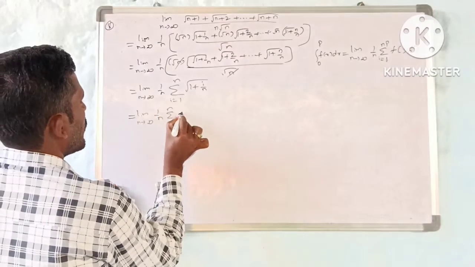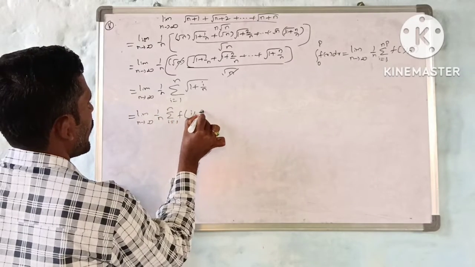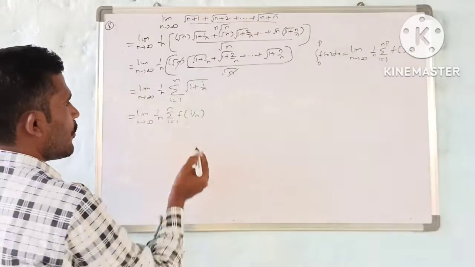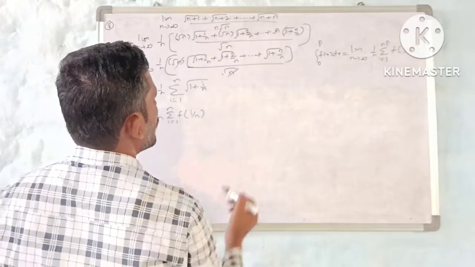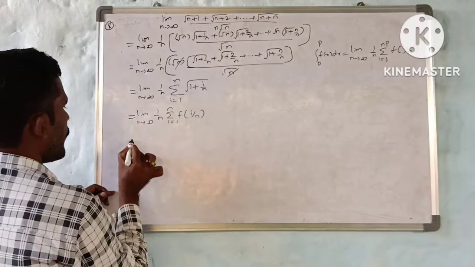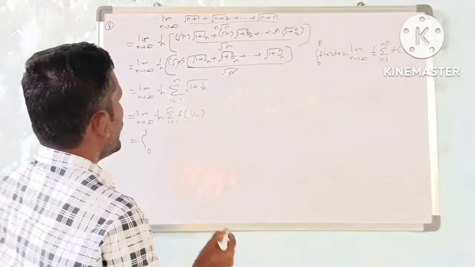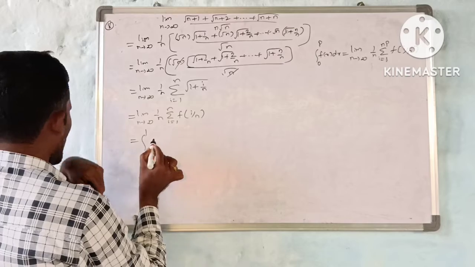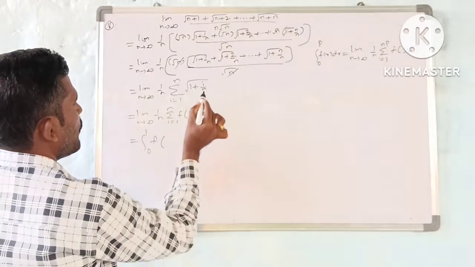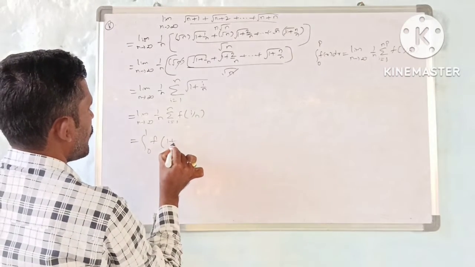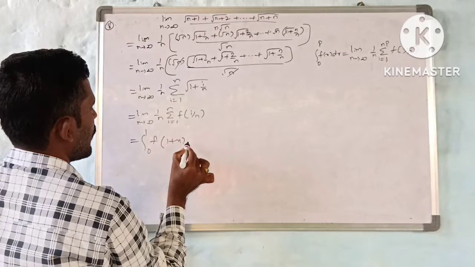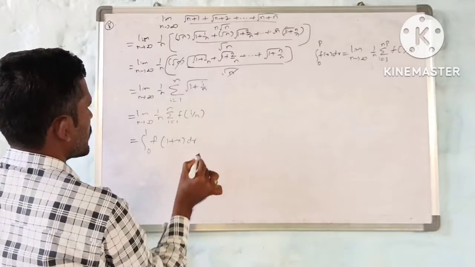This is a function of i/n. So whenever we have a function of i/n, we have to take it as f of x. So the limits are 0 to 1, of f(x) dx. In place of i/n, I am taking x, so f(x) is root of (1 + x), dx.